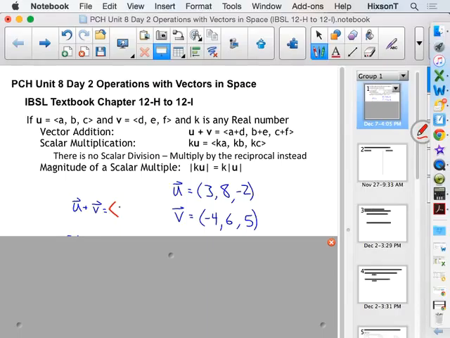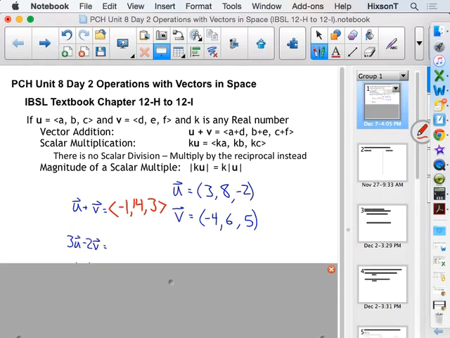Okay, 3 minus 4 is negative 1. 14. 8 plus 6 is 14. 3. And negative 2 plus 5 is 3. Good. So again, you're just adding the components. We just happen to have 3 of them now.